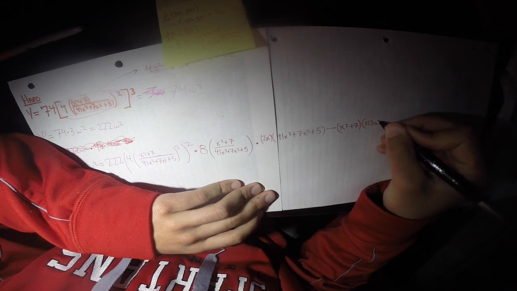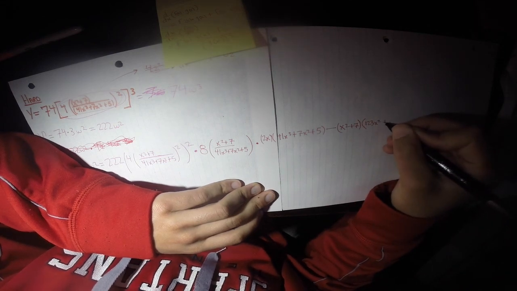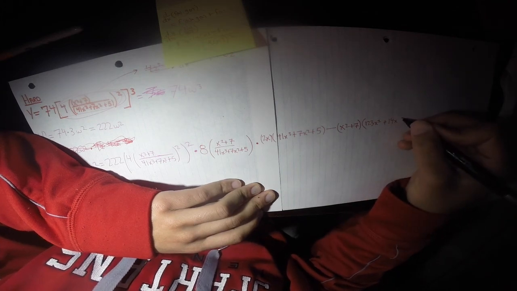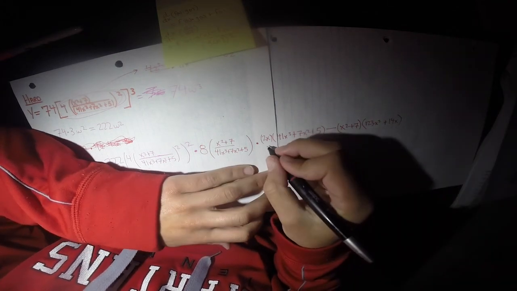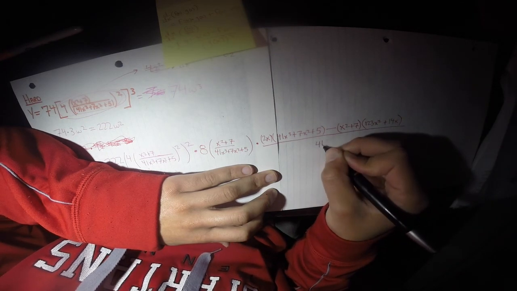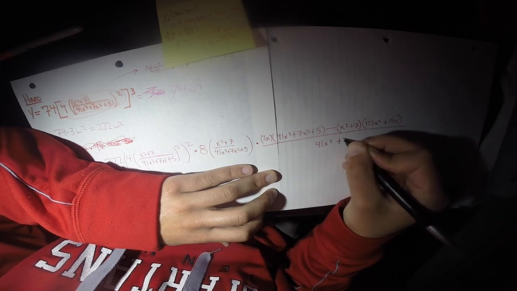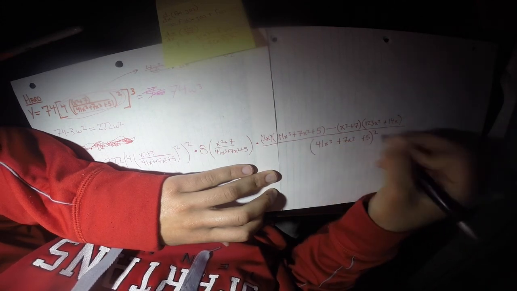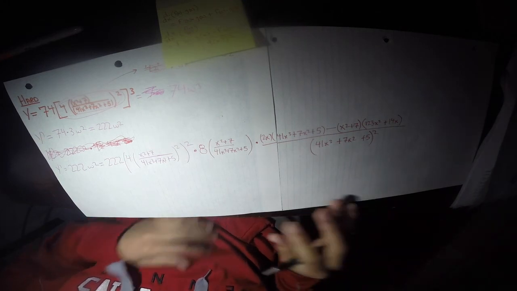x to the 3 minus 1, or 2. Plus 7x. 7 times 2 is 14, 14x, because 2 minus 1. I mean, don't count the numerals. And then you'd all divide it by 41x cubed plus 7x squared plus 5, square the whole thing. And there you go.